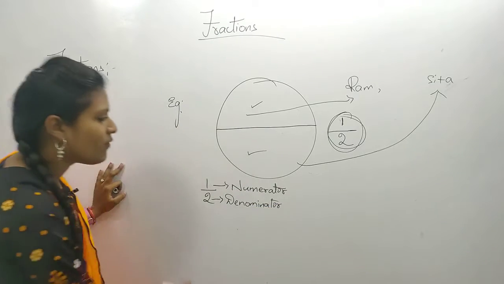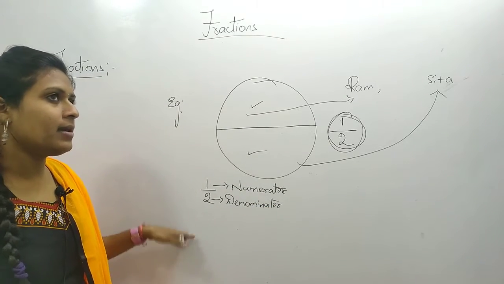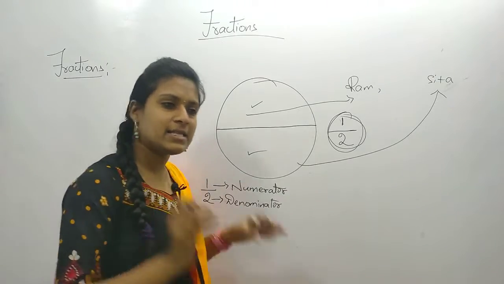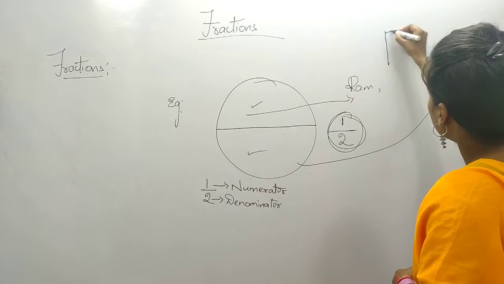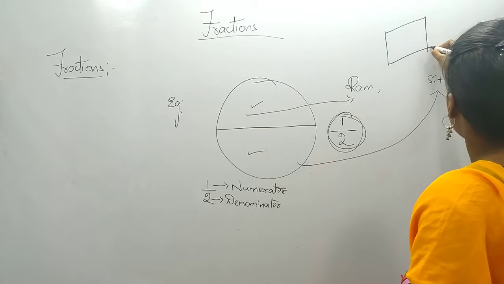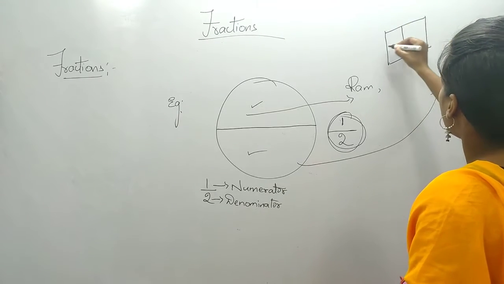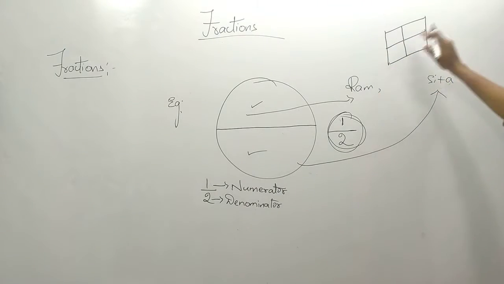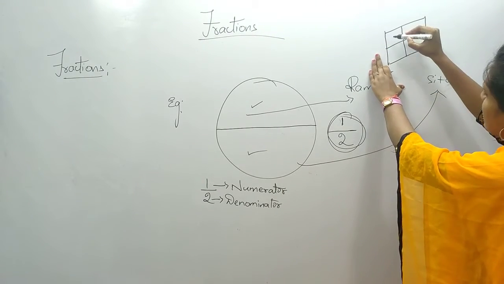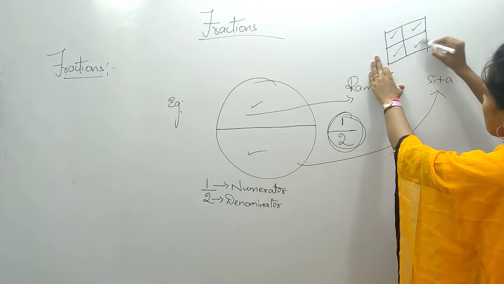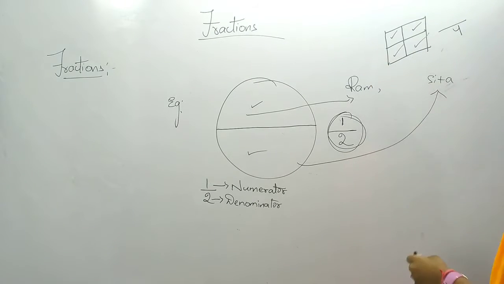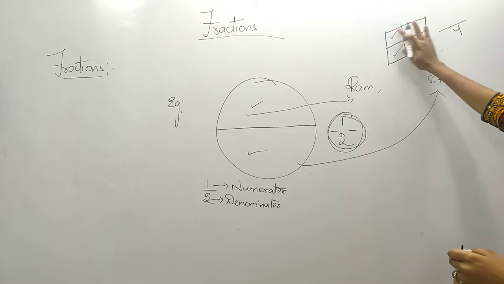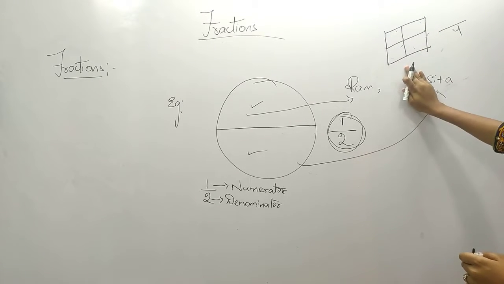How can you identify what is the numerator and what is the denominator? It is very easy and simple. Keep in your mind that when a part is divided into many parts in the same and equal parts, think of it as a chocolate. There are 4 parts. Total parts, how many? 4 parts. So by 4. 4 parts are there in this chocolate.